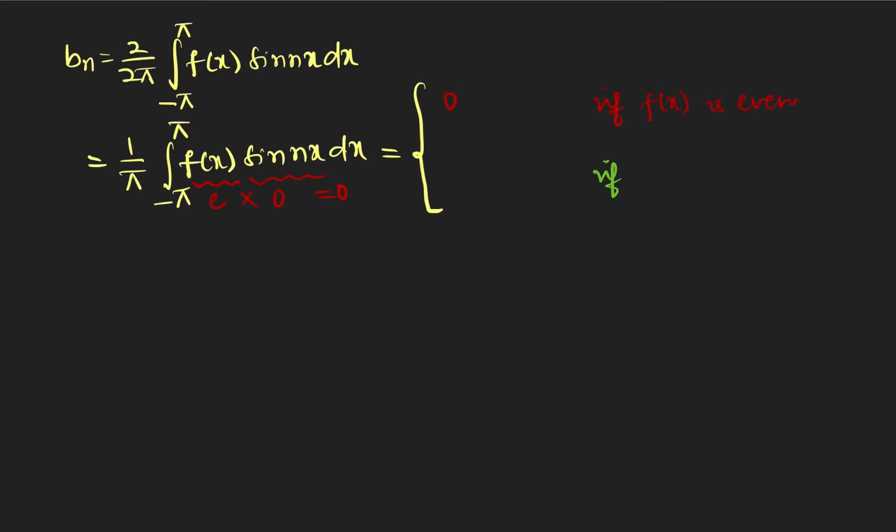Next, if f of x is an odd function, sin nx is also odd, and the product of two odd functions is an even function, so we can write it as 2 by pi, integration runs from 0 to pi, f of x into sin nx into dx.